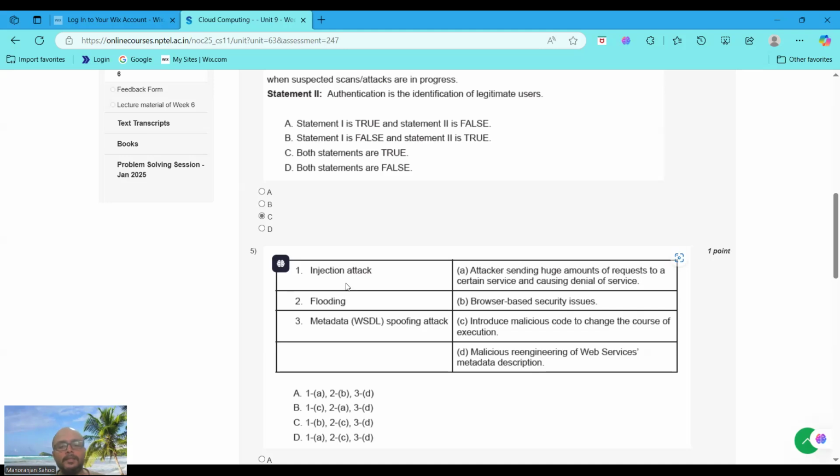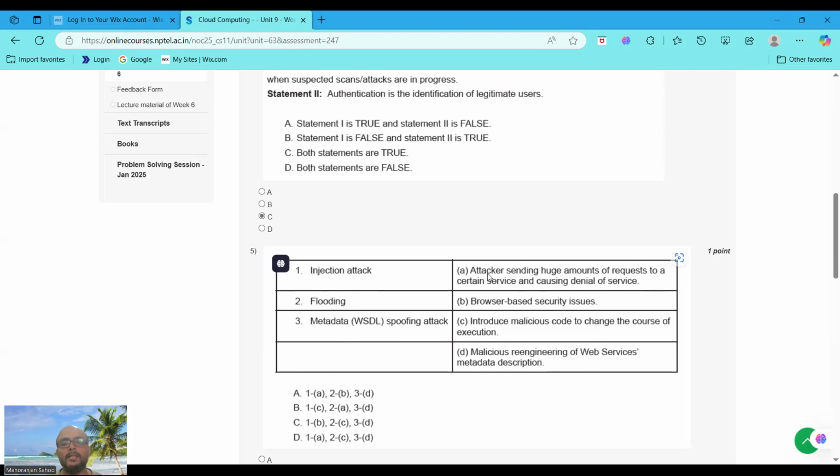Injection attack is malicious re-engineering of web services. Flooding is the attacker sending a huge amount of requests to a certain service and causing denial of service. So one, option C: introducing malicious code to change the execution.